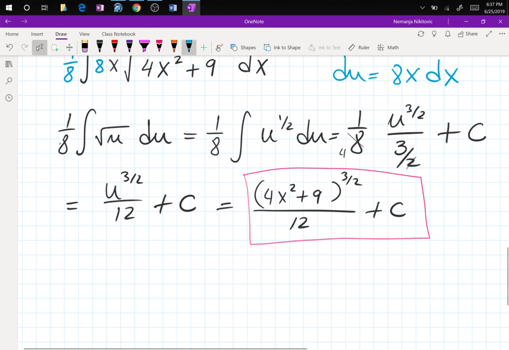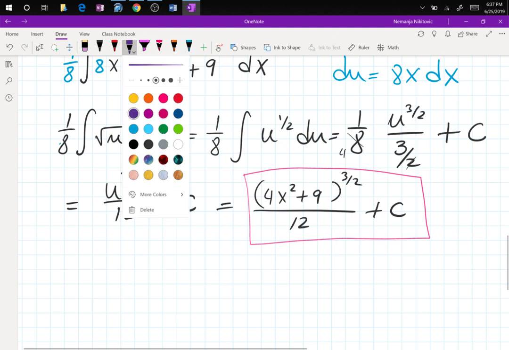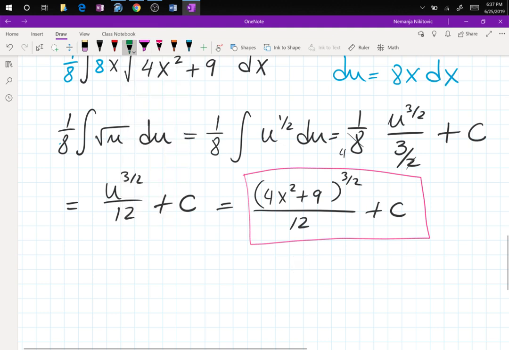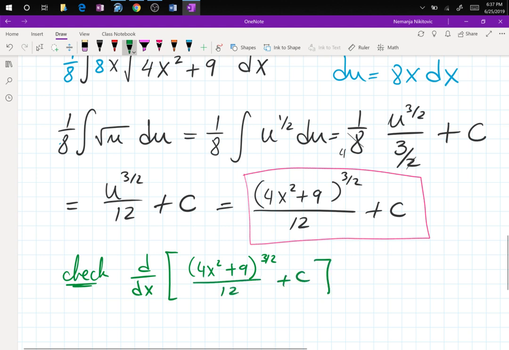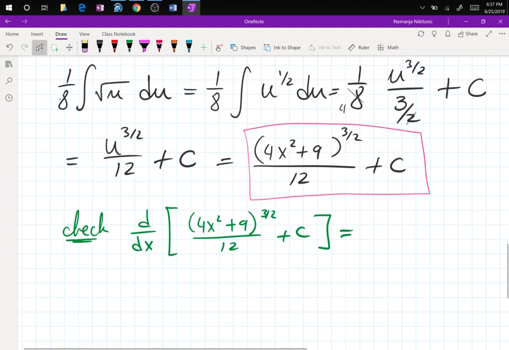Now, before you say, well, we don't know if that's good or bad, well, let's try it. How about we check? All I need to do is to differentiate this monstrosity here. And if it works out, we're good to go.